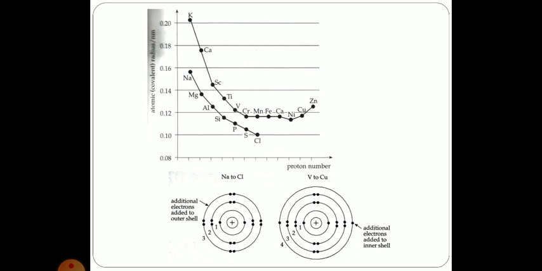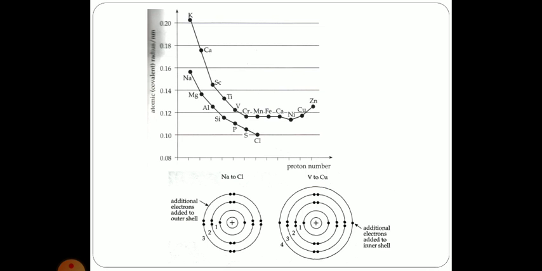The atomic radius decreases from left to right. If we observe scandium to zinc, you will notice it is decreasing, but for copper and zinc it increases.